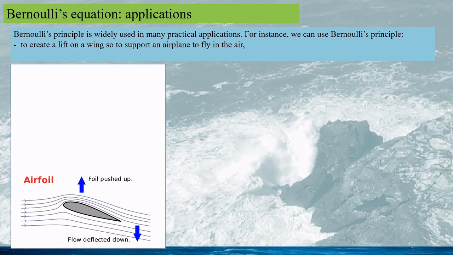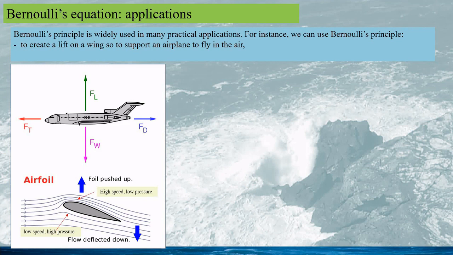When the flow passes over the wing or airfoil, a high-speed flow and a low-speed flow are created. Thus, low pressure and high pressure are produced on the up and lower surfaces of the wing, which create a lift to support the airplane flying in the air.